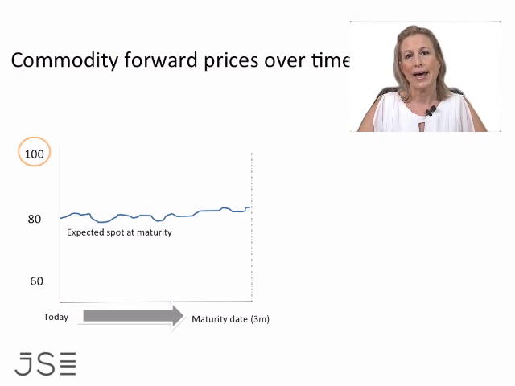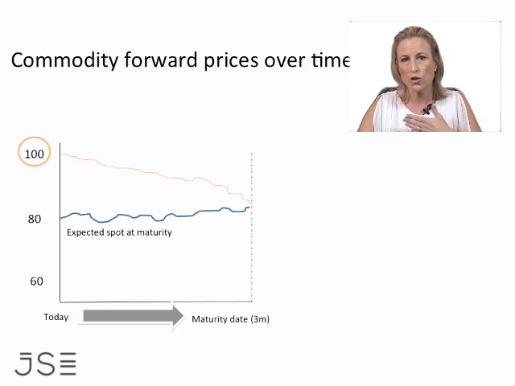If we look at a current forward rate higher than the expected spot rate, for example at 100, the theory suggests that as the maturity date gets closer or the contract maturity length reduces, this forward price will converge to equal the spot price at maturity date.